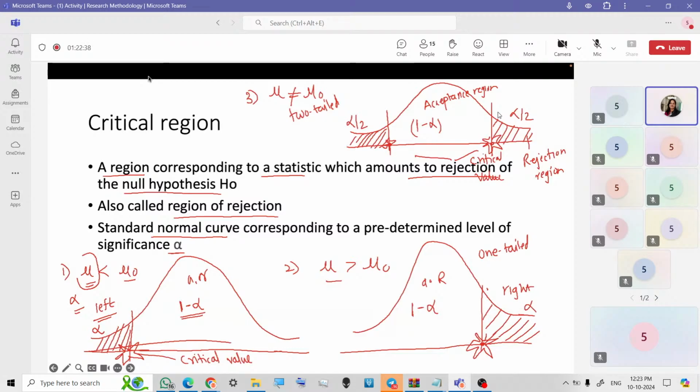In my first case, when I have mu less than mu0, I define it in the normal curve, which means the population mean is less than the sample mean.